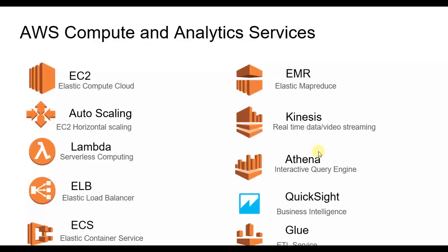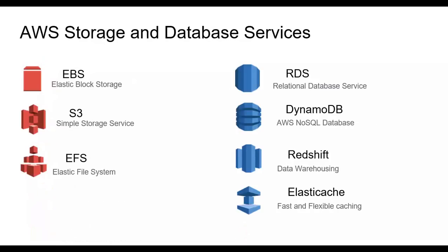So rather than talking about these services now in this fashion, I would like to take some example, so that you can map really how each service fits into some architecture, and that probably would help you recall what service is used for what. Okay, similarly there are other categories like storage services and database services.